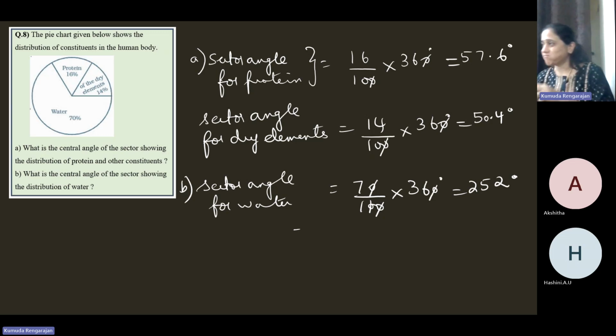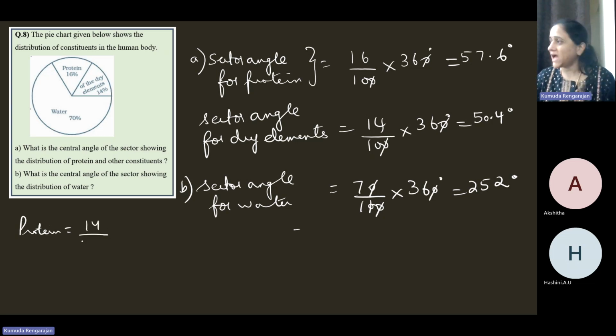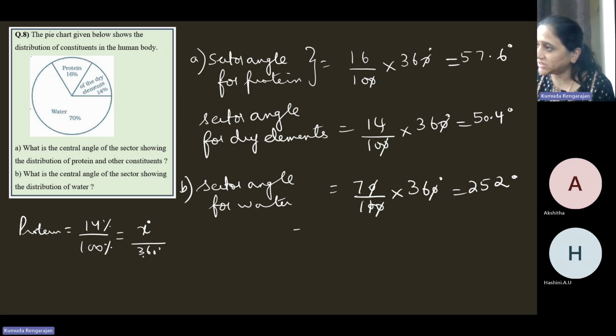See here, the proportion method: for protein, if you want to do it using proportion, 14% by 100%, the total is 100%, so below we have to put 360 degrees. So 14% by 100% is equal to x degrees by 360 degrees.